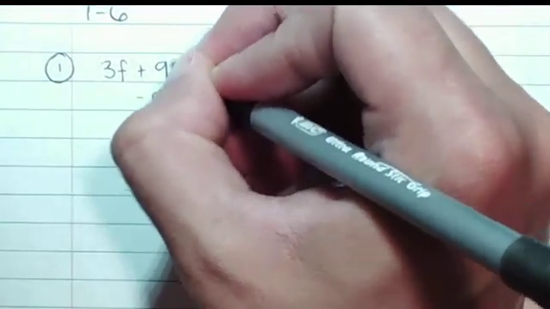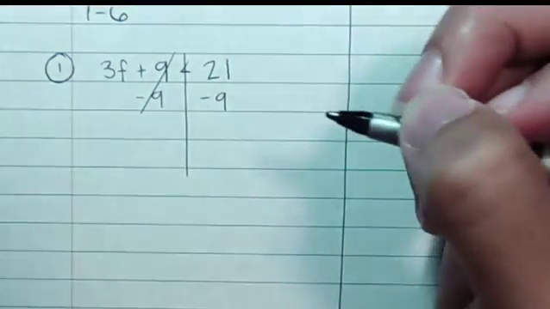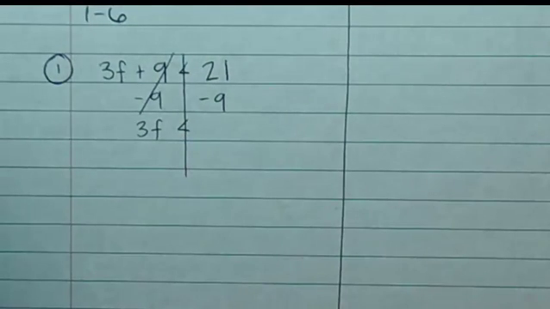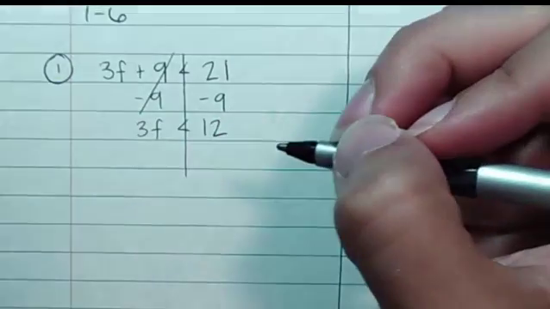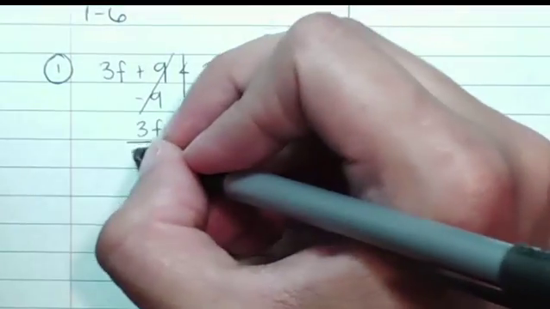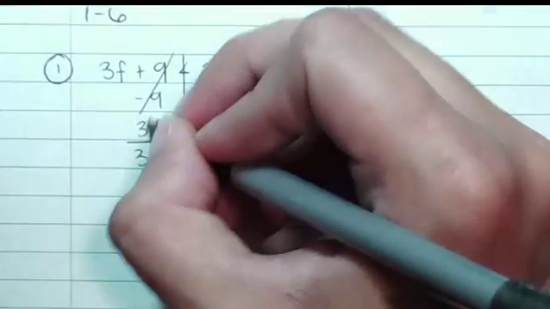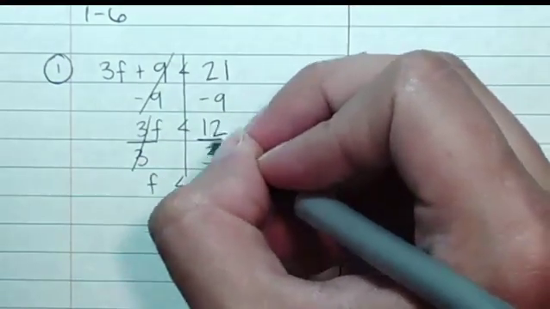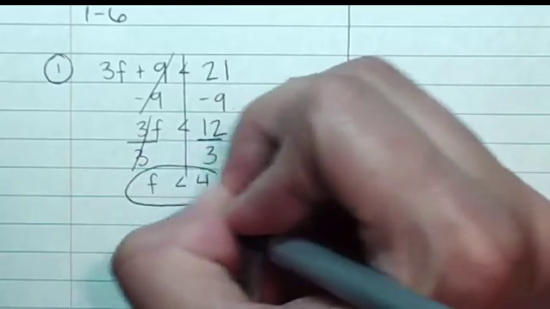I'm going to subtract 9 on both sides, which leaves me with 3f is less than 21 minus 9, which is 12. I'm going to divide by the coefficient of 3. So I'm left over with f is less than 12 divided by 3, which is 4. So f is less than 4 is my answer.